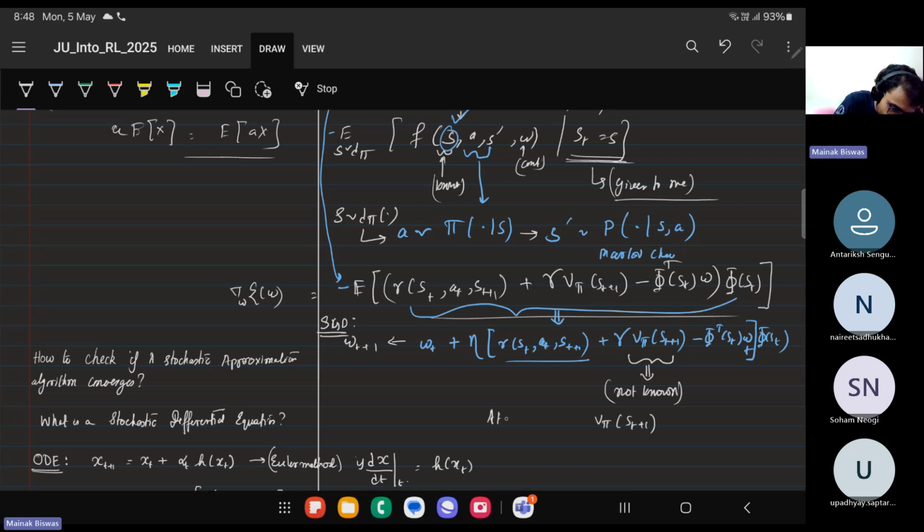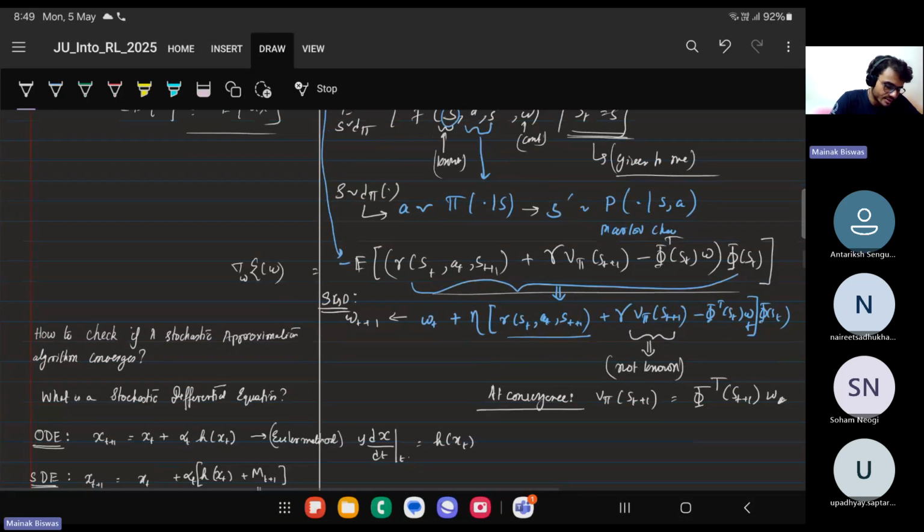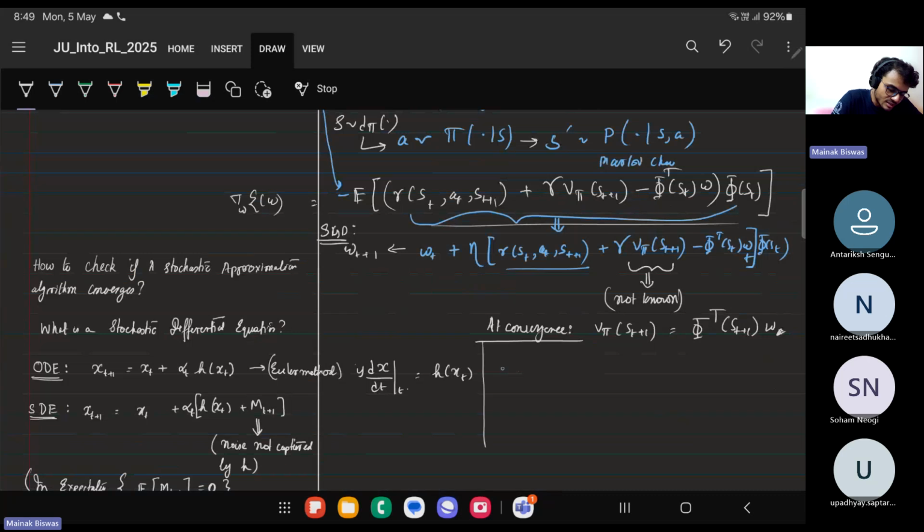At convergence, what do we want it to be? Equal to phi transpose ST plus 1 W star, right? Yes. So Sutton got this idea that at convergence, if it is true, why not just replace this with WT and see if it converges?